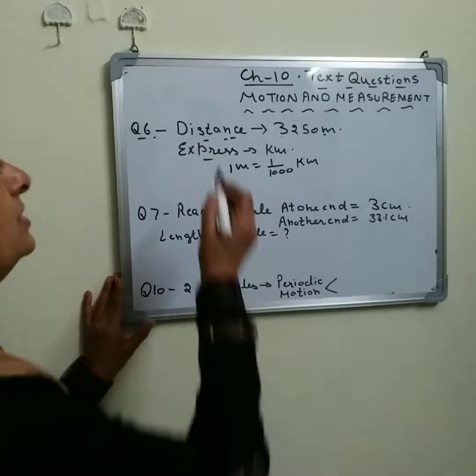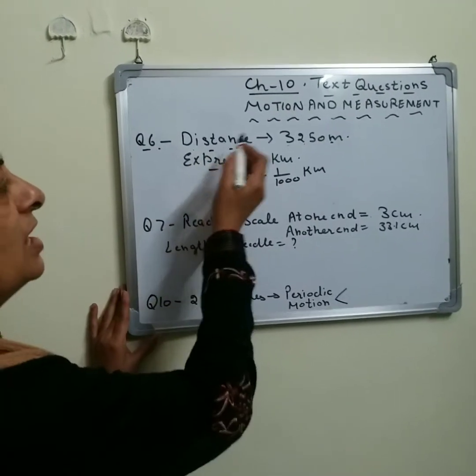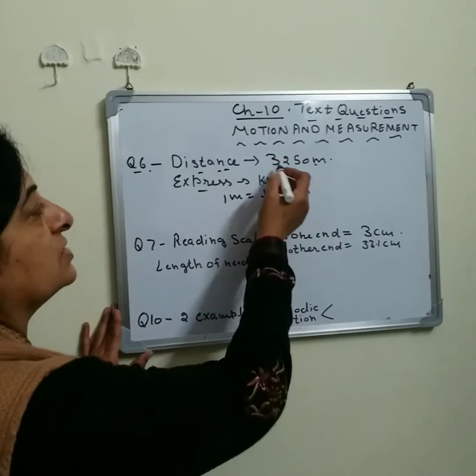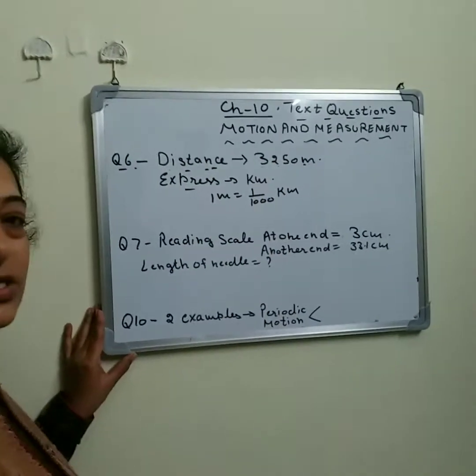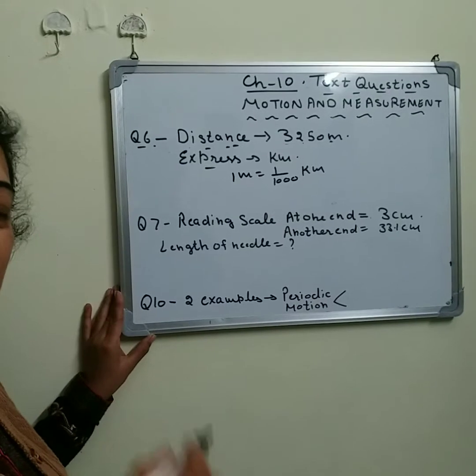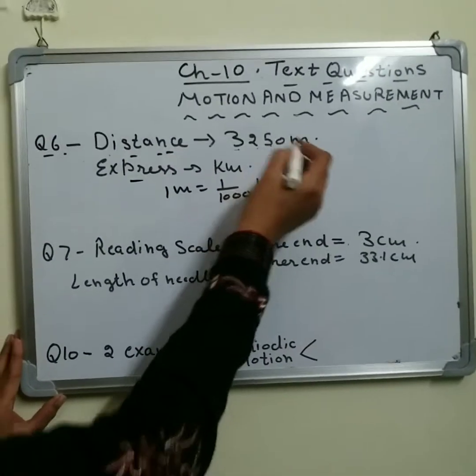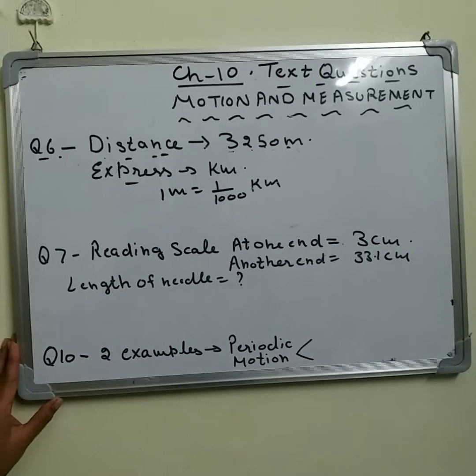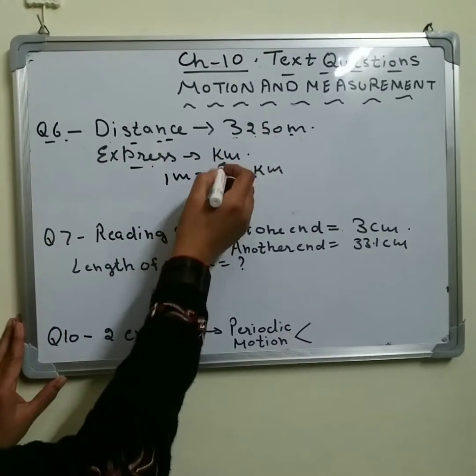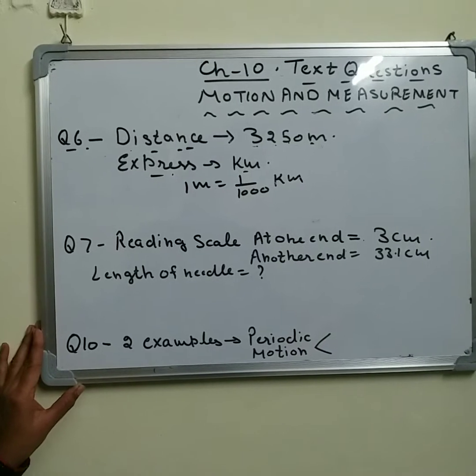The distance between Radha's home and school is 3250 meter. What is the value of the distance between Radha's home and school? That is 3250 meter, and we have to express this distance in kilometers. Are you ready?